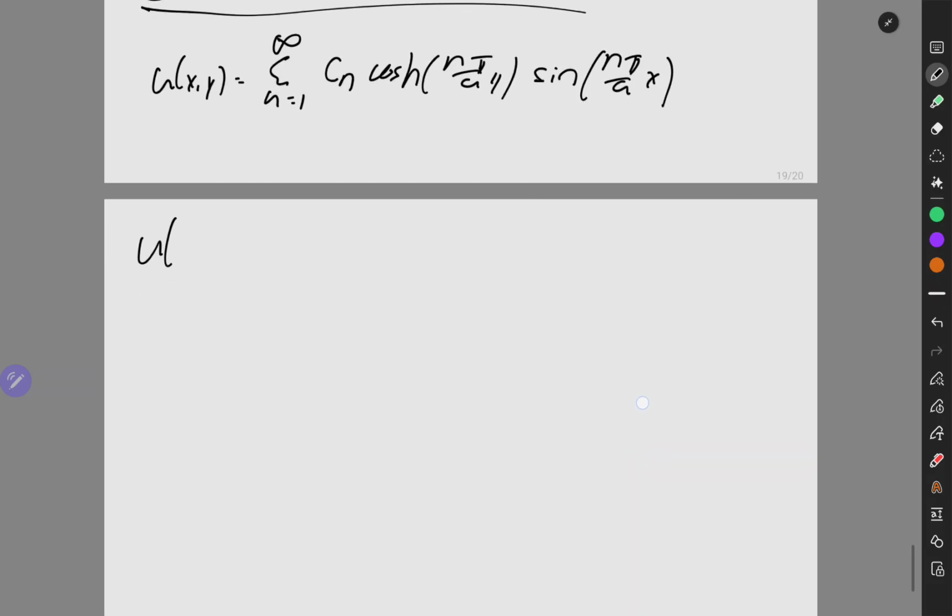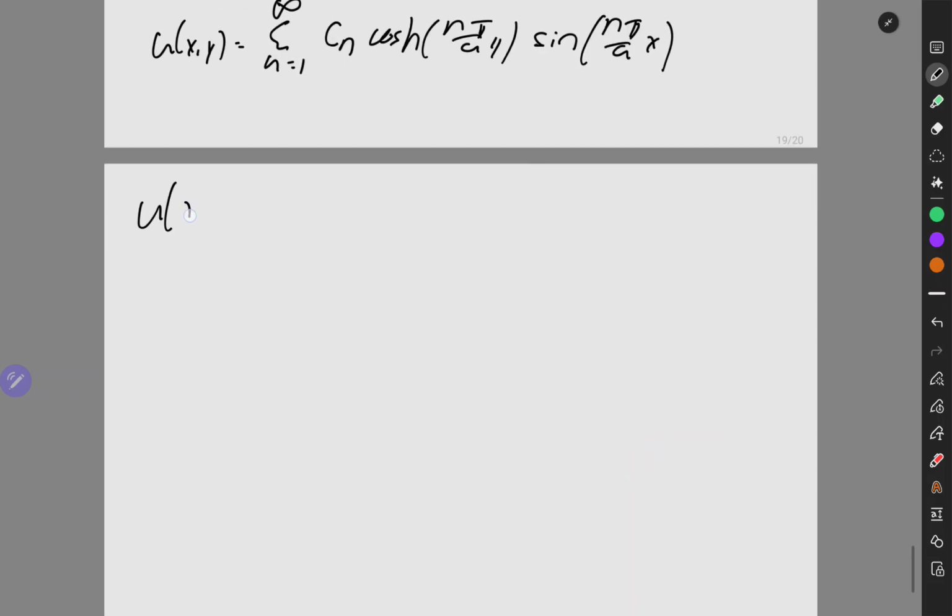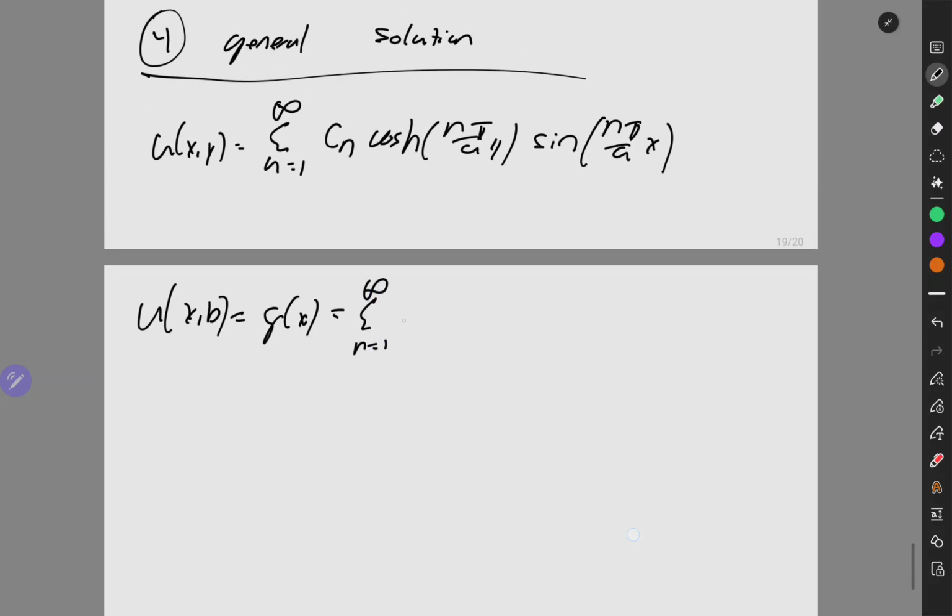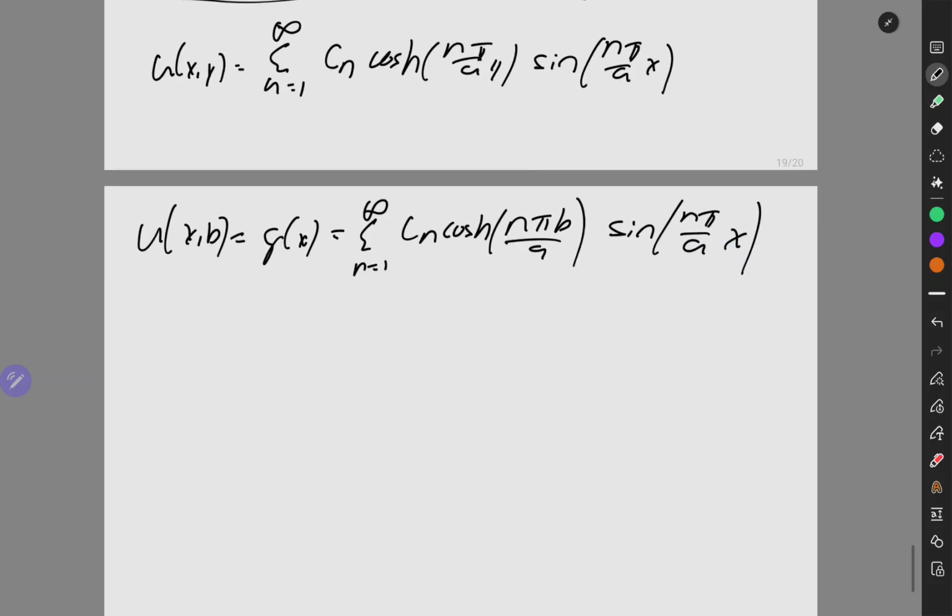Let's use the boundary condition with the value. That's equal to, plug in b for all the y's. And then solve for c sub n.